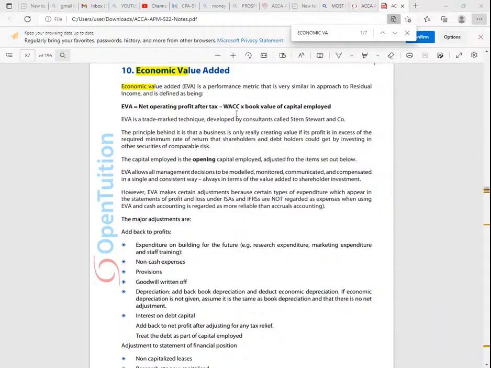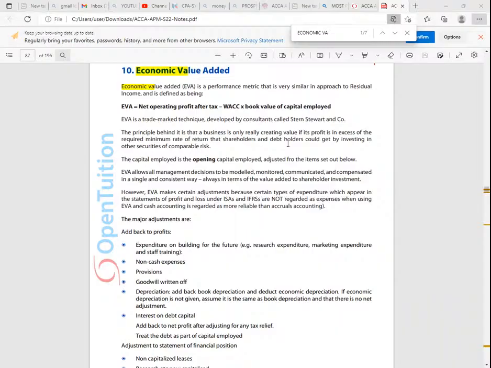Don't cram that. There is no examiner who will ever ask you that kind of a silly question. Who discovered EVA? Nobody. The principle behind it is that a business is only really creating value if its profit is in excess of the required minimum rate of return that shareholders and debt holders could get by investing in other securities of comparable risk.